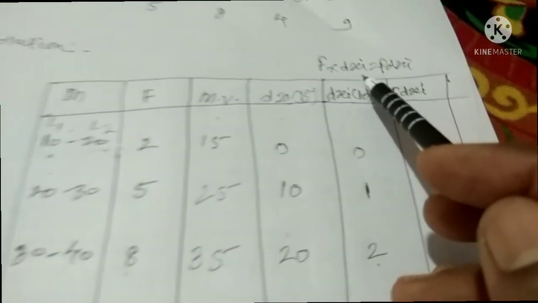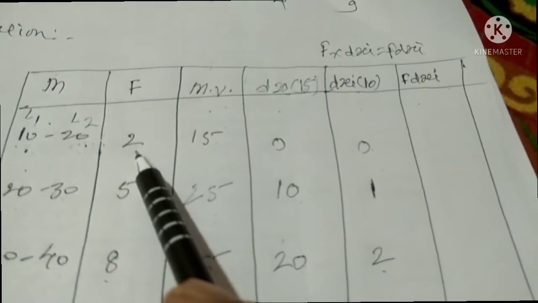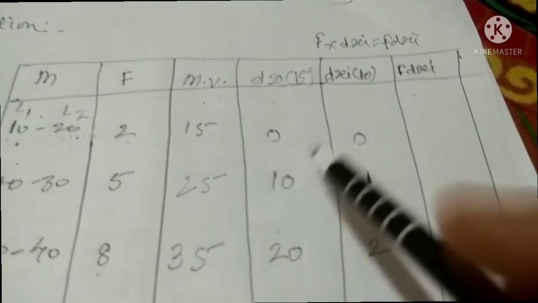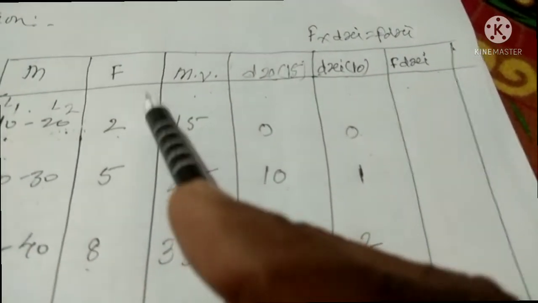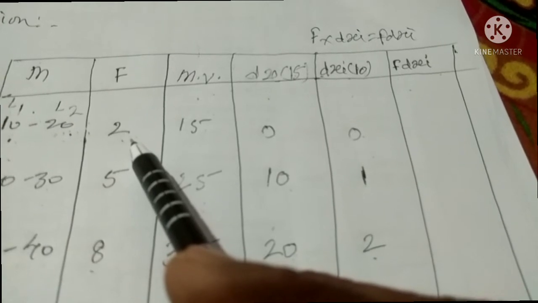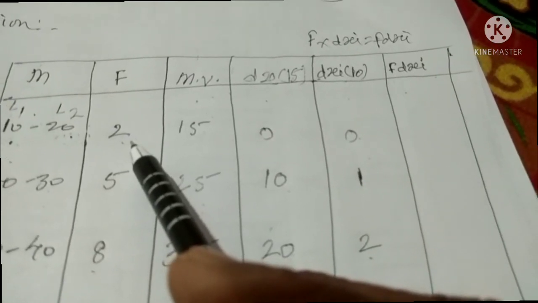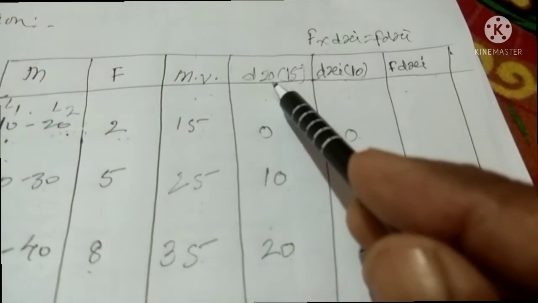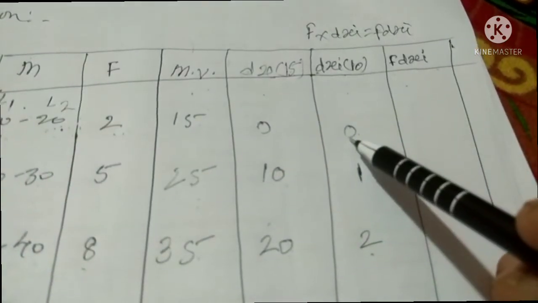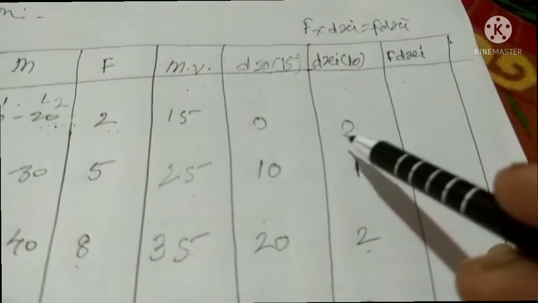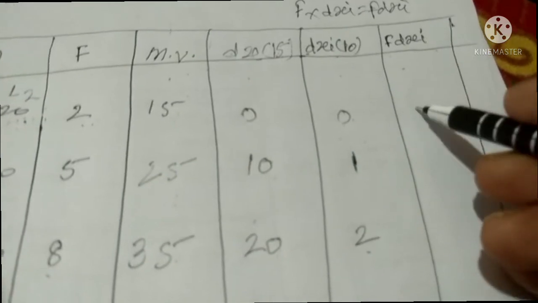So in the f series there is a figure of 2, and at the same time in the dxi series there is 0. So 2 into 0, the answer is 0.